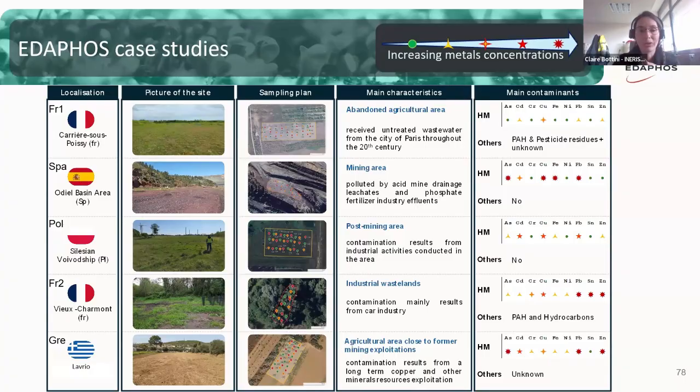Of course, there are other contaminants on some of the sites. But basically, the more spikes there are on the symbol, the higher the concentration of a specific metal. And so you can see that 3 sites, for example, the Greece, the French 2, and the Spain site, are more heavily contaminated in some substance or some metal than other sites.